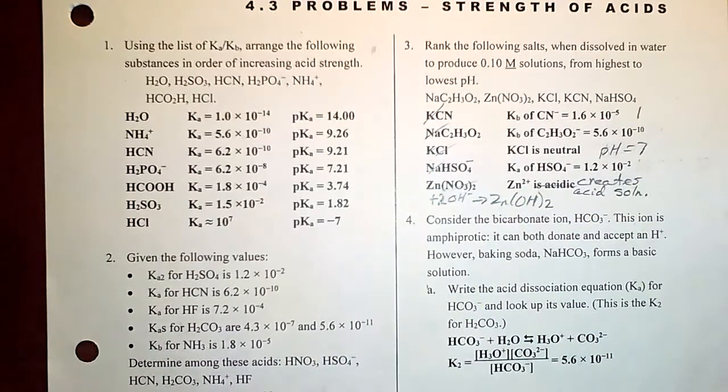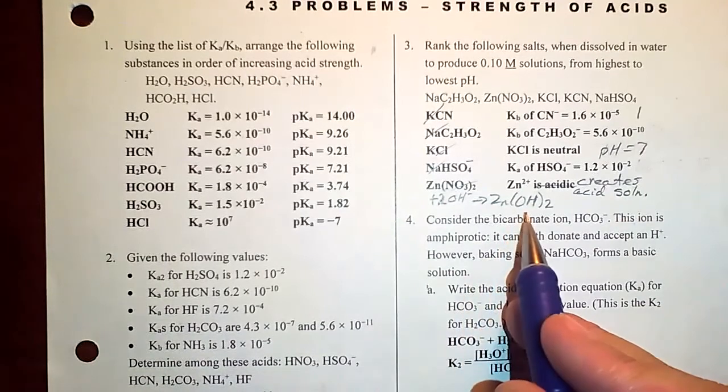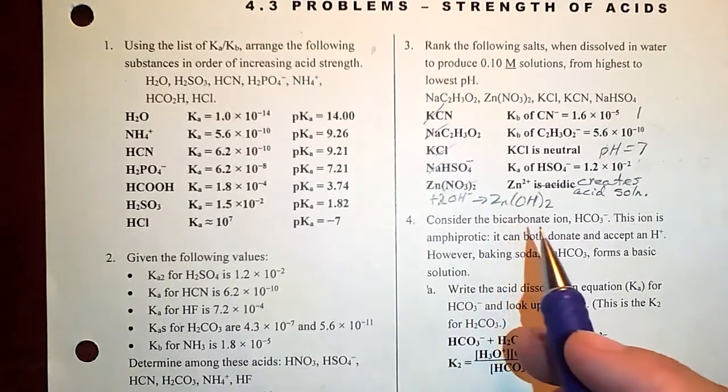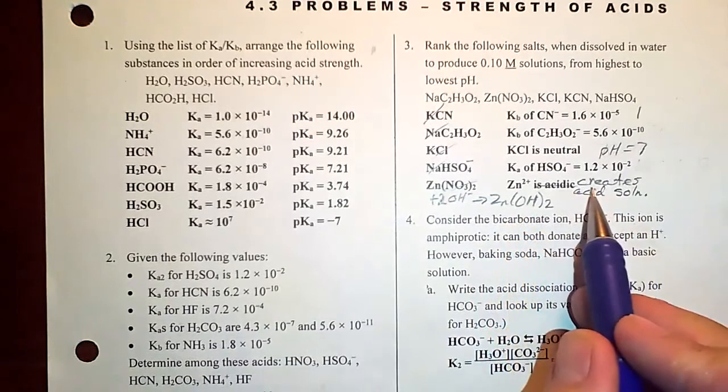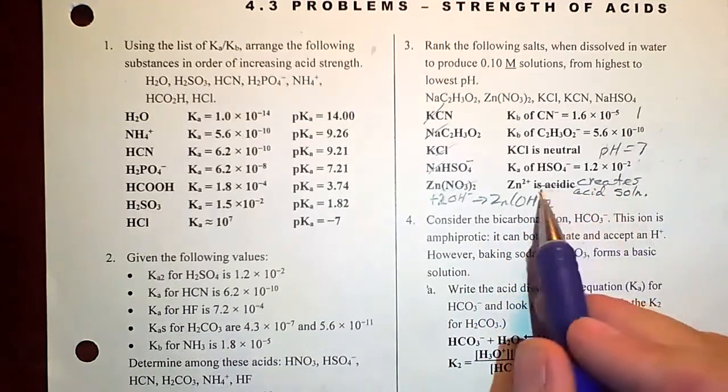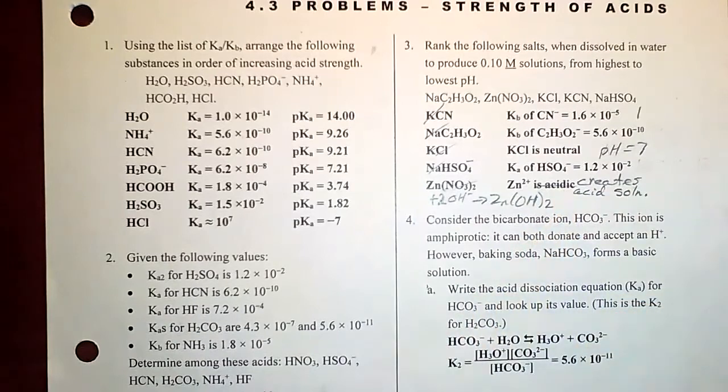And that would change the proportion of H plus to OH minus, which would make it heavy on the H plus because you just tied up OH minus, and that would make an acidic situation, which is why I put it creates an acid solution, not it is acidic, if I can split that hair there.